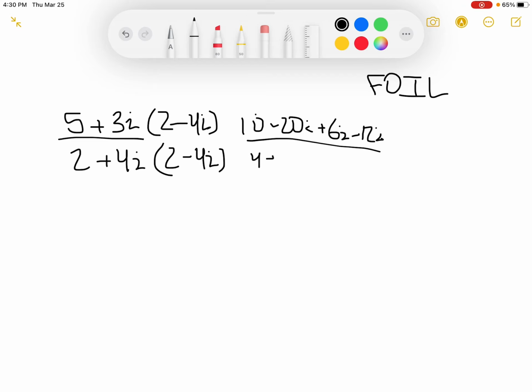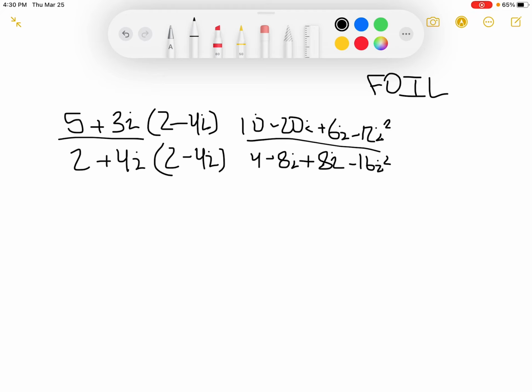And then outer, -8i. Inner, +8i. And then last is 16i squared. So why do you have to do this thing where you change the sign? Well, if you do that, that will automatically make the i's cancel out, which is what you need.